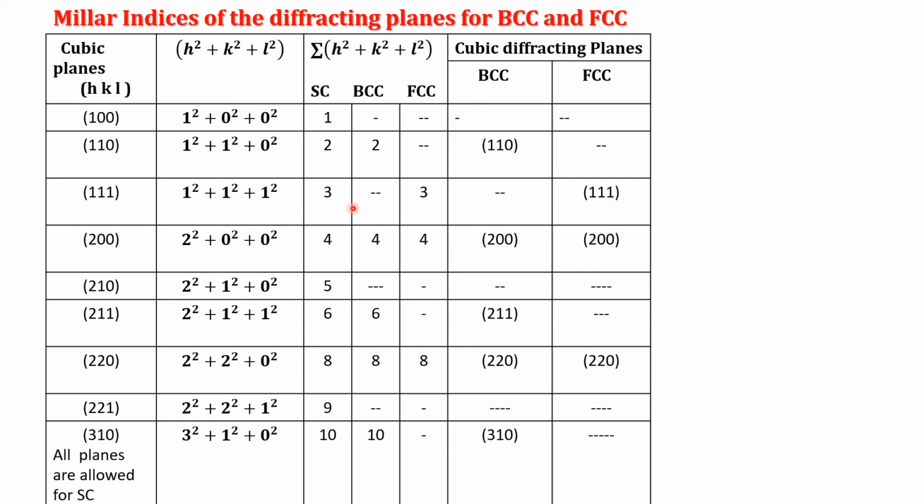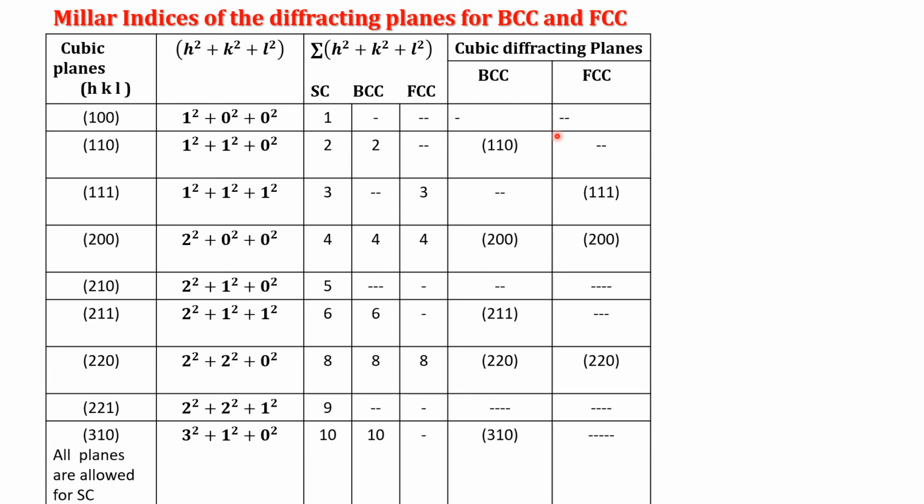In the same way 1, 2, 3, 4, 5, 6 are all for simple cubic. All planes are allowed, none missing here. Means 1 0 0, 1 1 0, 1 1 1, 2 0 0, 2 1 0, 2 1 1 and so on are all allowed for the simple cubic structure.